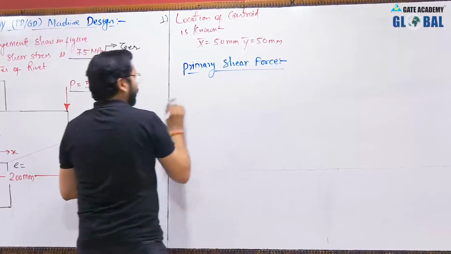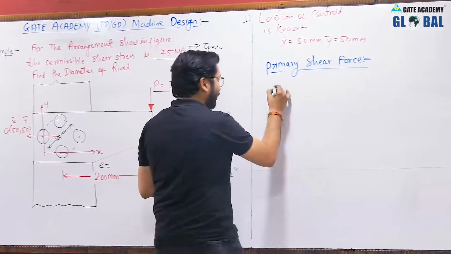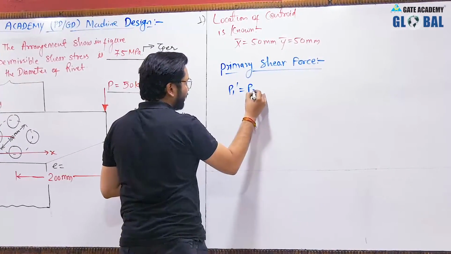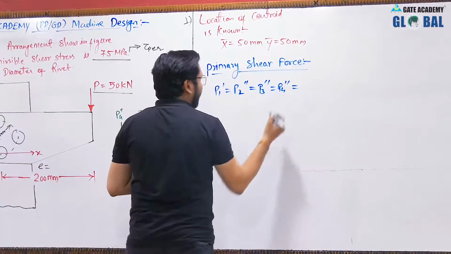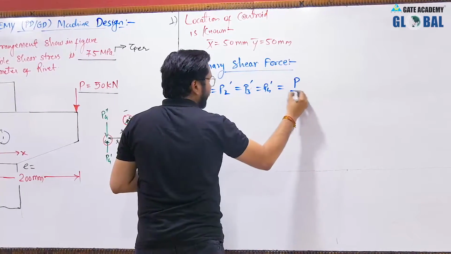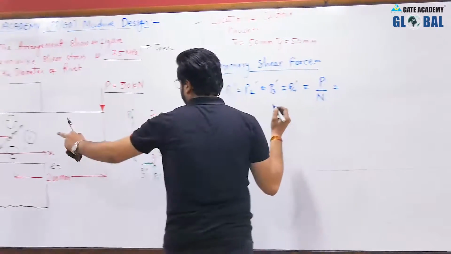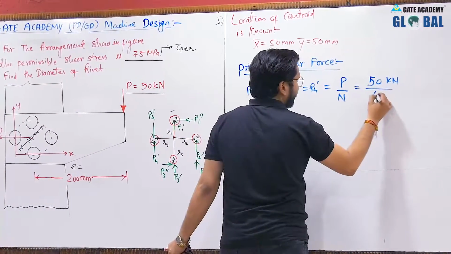All the forces will be the same in magnitude. So P1 dash will be equal to P2 dash, equal to P3 dash, and equal to P4 dash, and this will be P divided by N. The number of rivets is 4, and P is 50 kilonewton divided by 4.